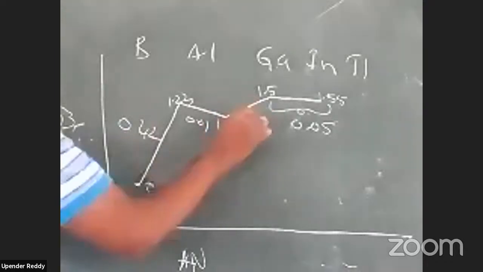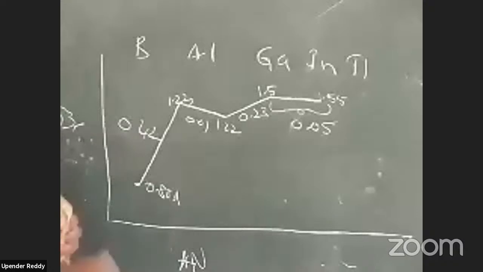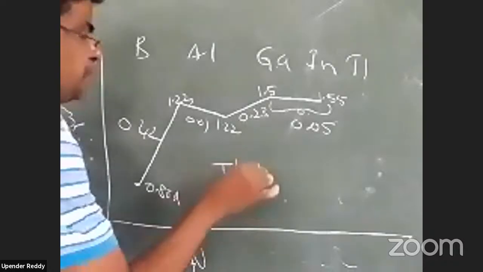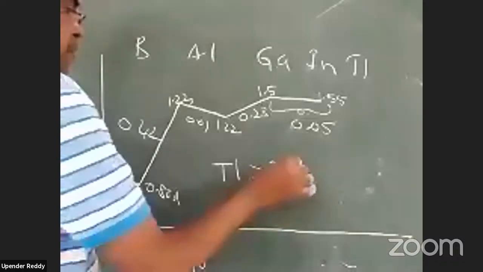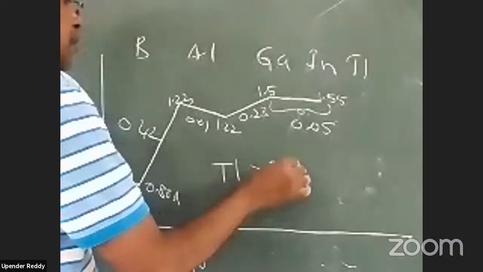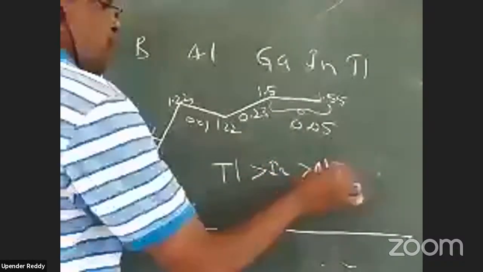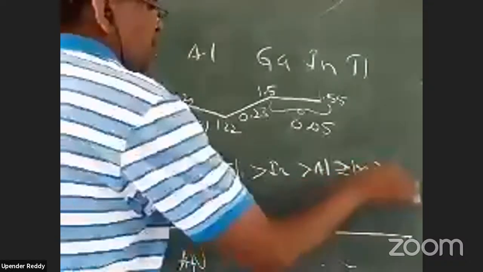Here the difference is 0.23. So overall, which is the largest? Thallium, followed by indium, followed by aluminium, almost equivalent in size to gallium, followed by boron.